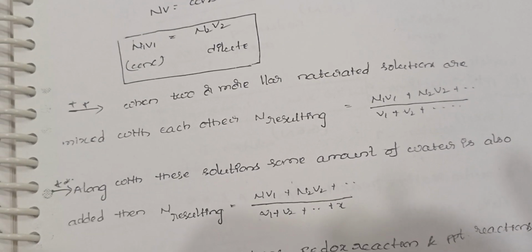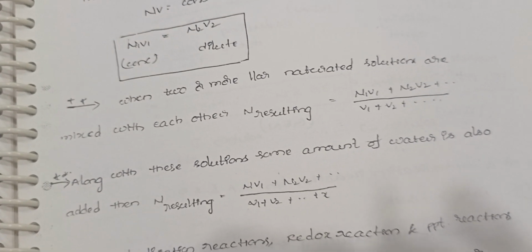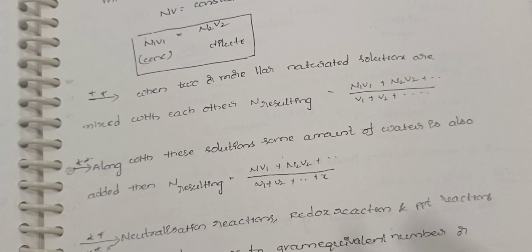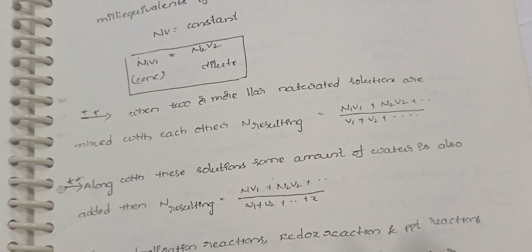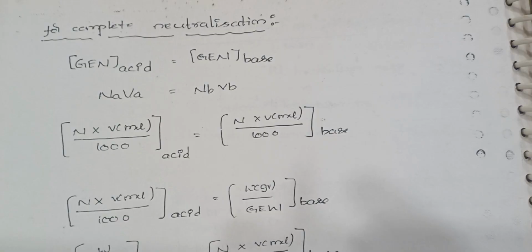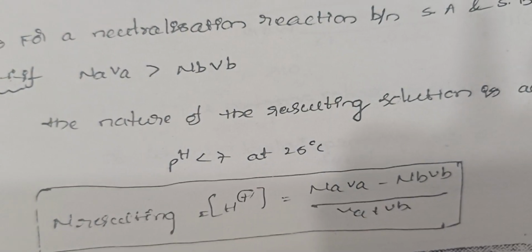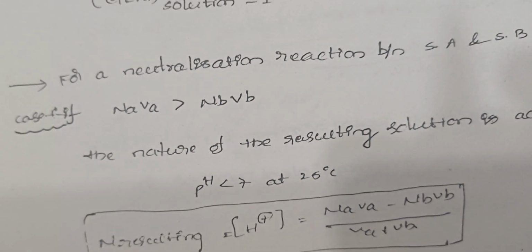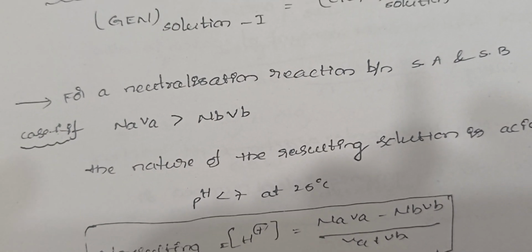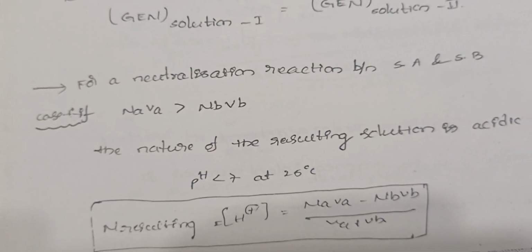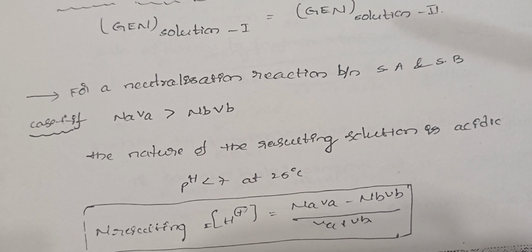So again we are going to use it when either two acids or two bases are added, right? Now suppose if you are mixing acid and base solutions, we are going to use the formula based on the strength, that is the NV value.